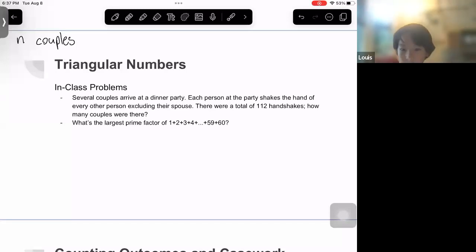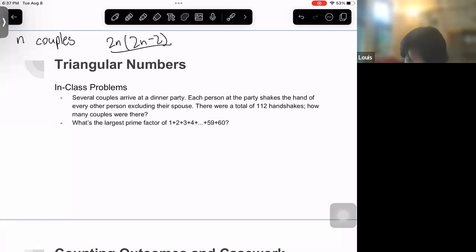Then there will be 2n people, and each person shakes hands with 2n minus 2 people, which is the 2n people excluding themselves and their spouse.